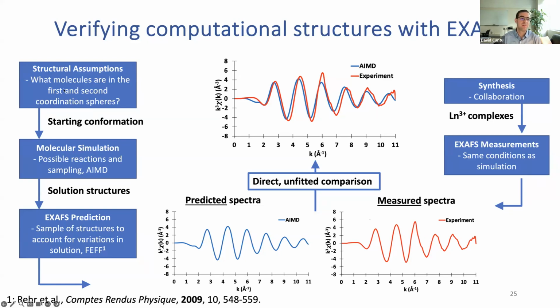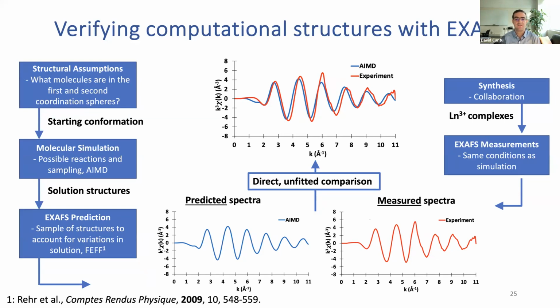And so you have to make some assumptions in what the first coordination and second coordination sphere looks like. And then we run the simulation and get a sample of solution structures. And then we use FEFF to predict the spectra and directly compare them. And so here the measured spectra is kind of like our standard that we want to replicate.